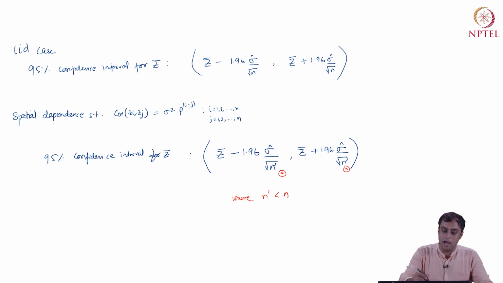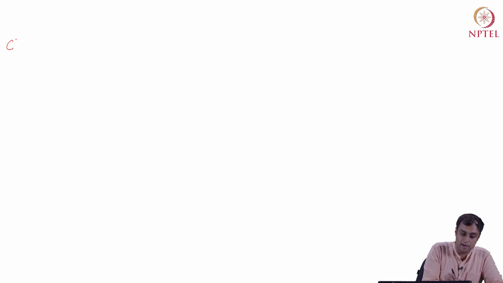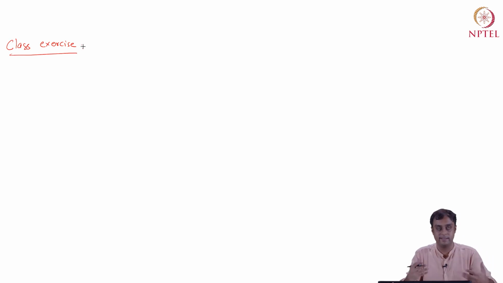Now I'm going to end this lecture with a small exercise. I'm going to say class exercise, and then we will end this lecture. We will come back and review this in the next lecture, because it's been a bit of an involved material today.